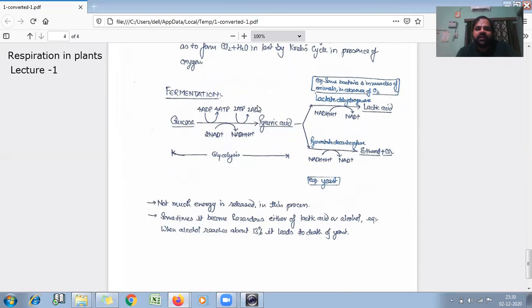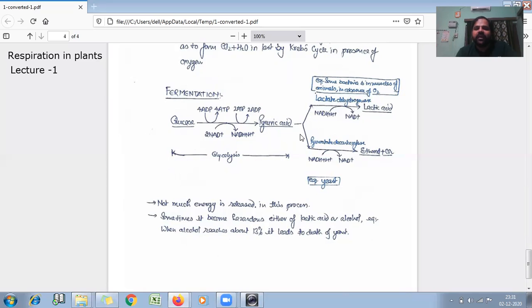Now when this pyruvic acid is utilized by some bacteria and in muscle cells of animals in absence of oxygen, this pyruvic acid will be converted into lactic acid, and we can see here one molecule of NADH plus H plus has been utilized.